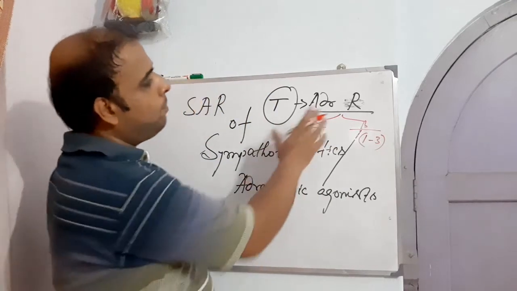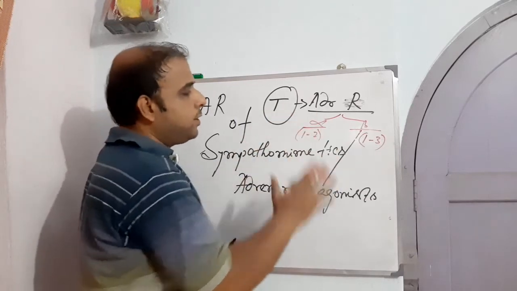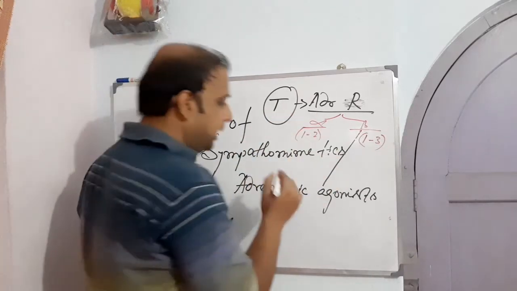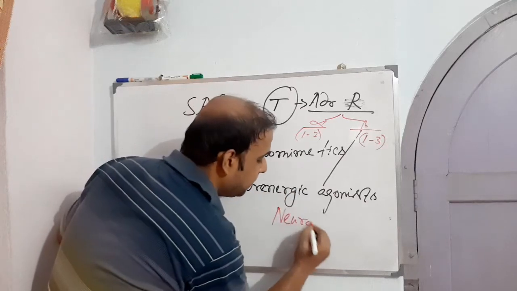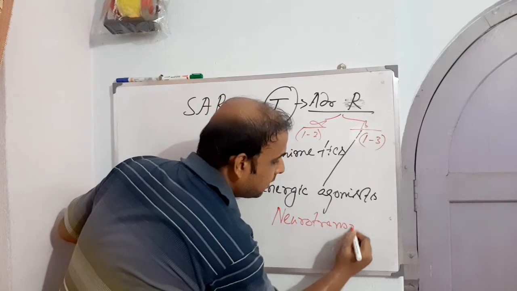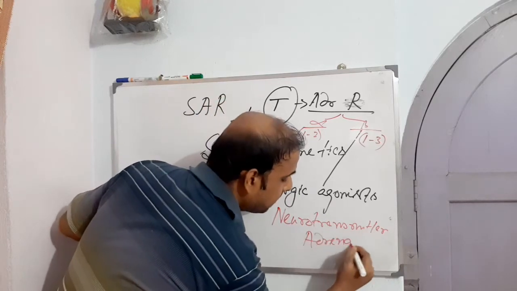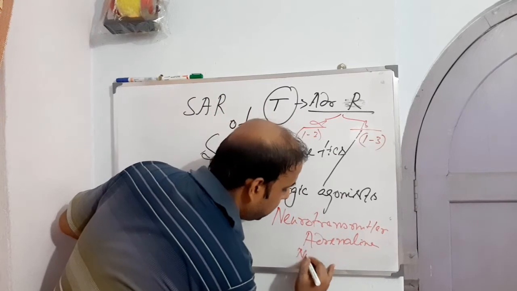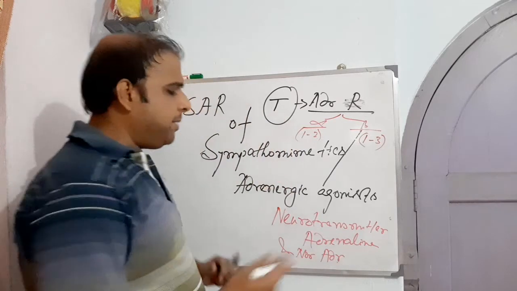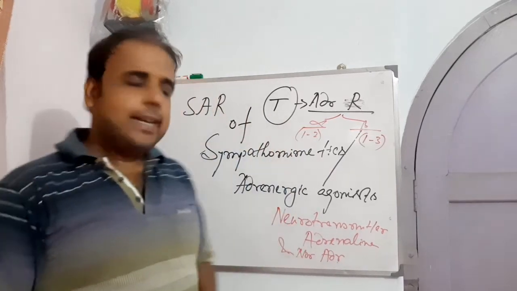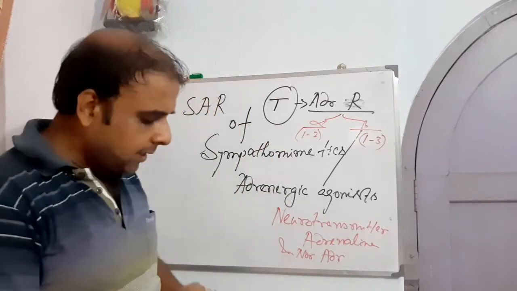And the primary ligand or the primary neurotransmitter of this adrenergic system is found to be adrenaline or noradrenaline, right? Sometimes dopamine is also called another neurotransmitter coming from this particular class, right?